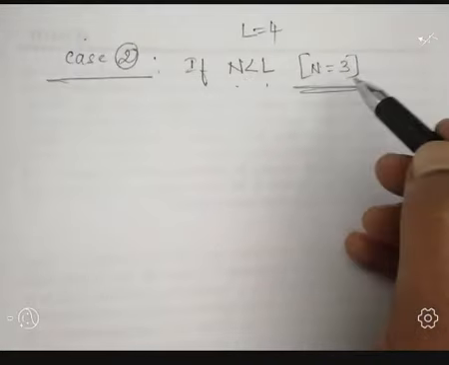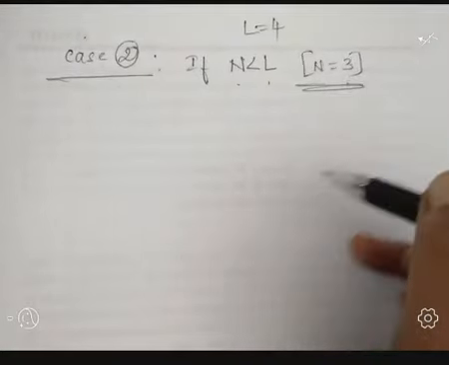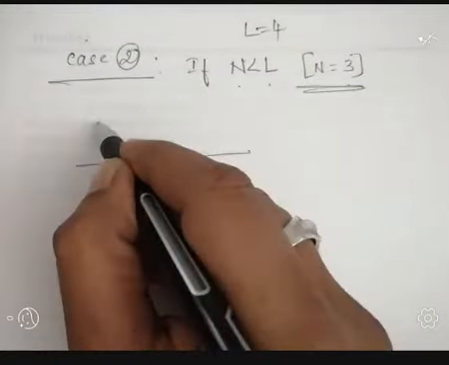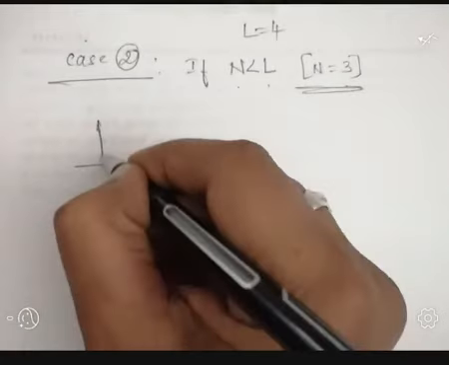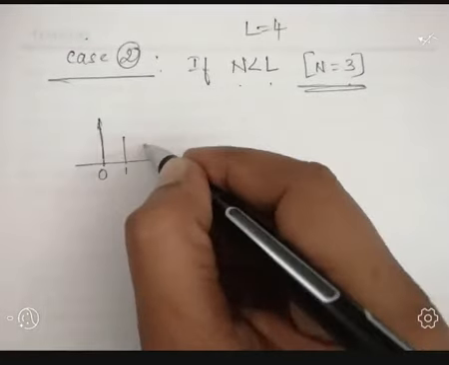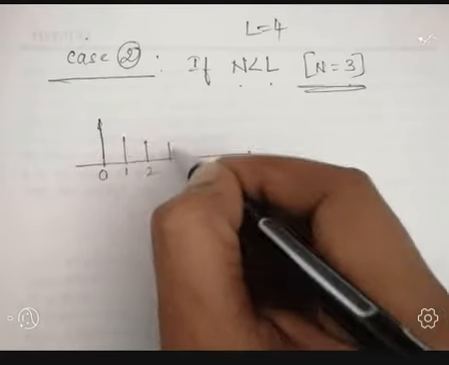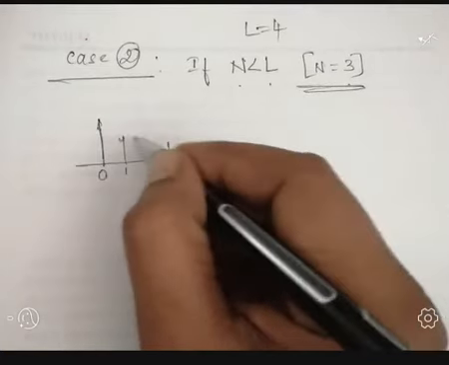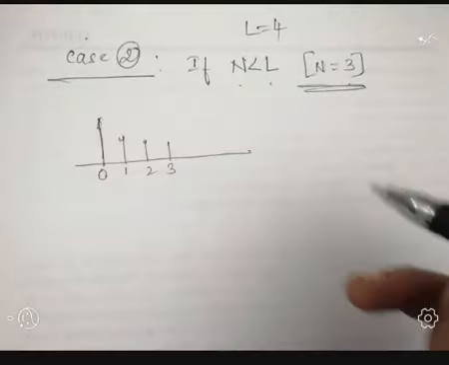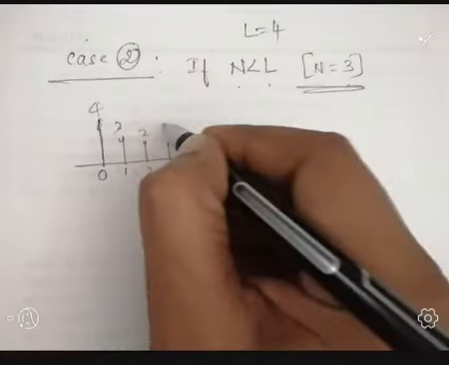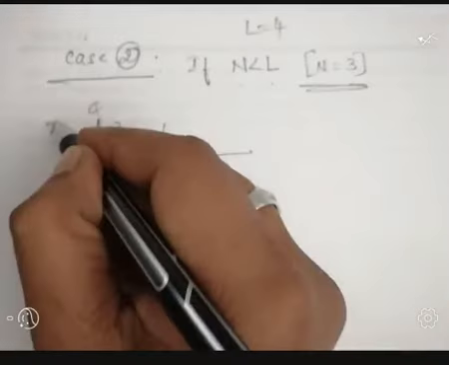N is less than L, so I will take N equal to 3. First the sequence, as it is, I will sketch. This is amplitude 4, 3, 2, 1. This is the sequence x of n.